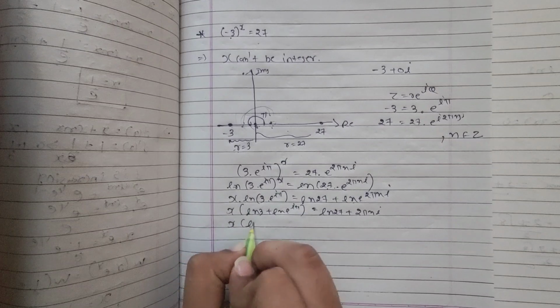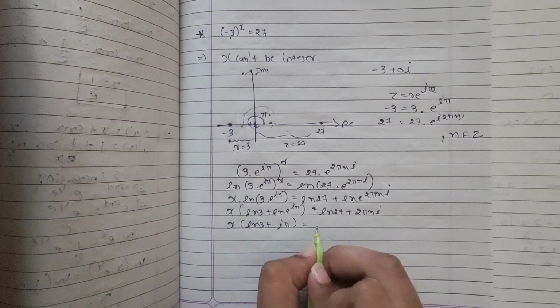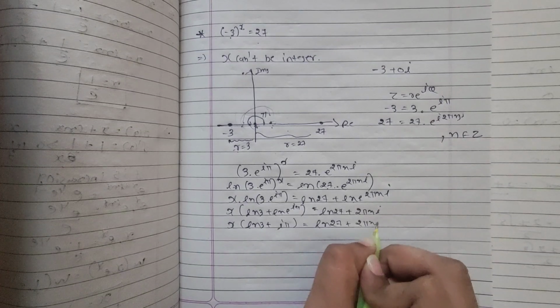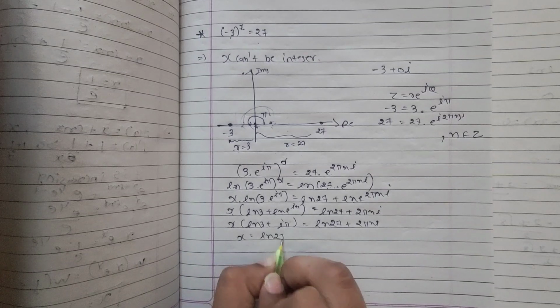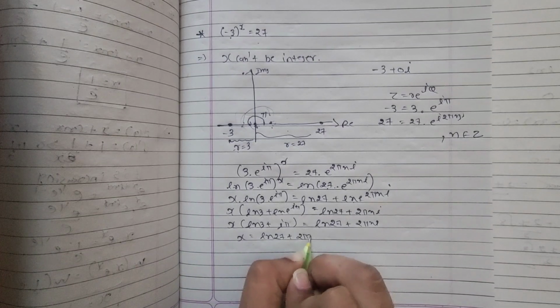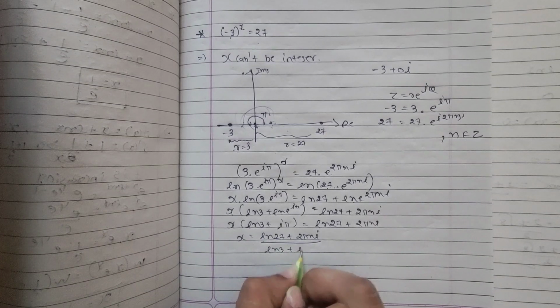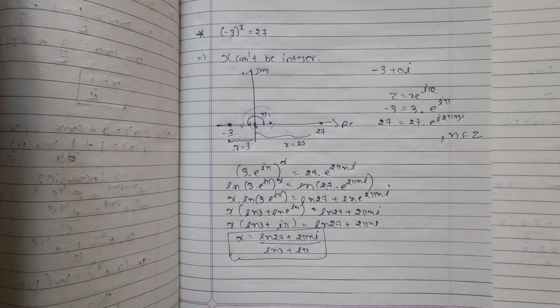Same way, x into ln 3 plus iota pi will come here and ln e is 1. So ln 27 plus 2 pi n iota will be as it is. So what will be the answer of x? The answer of x will be ln 27 plus 2 pi n iota divided by ln 3 plus iota pi. This is the final value of x, right?